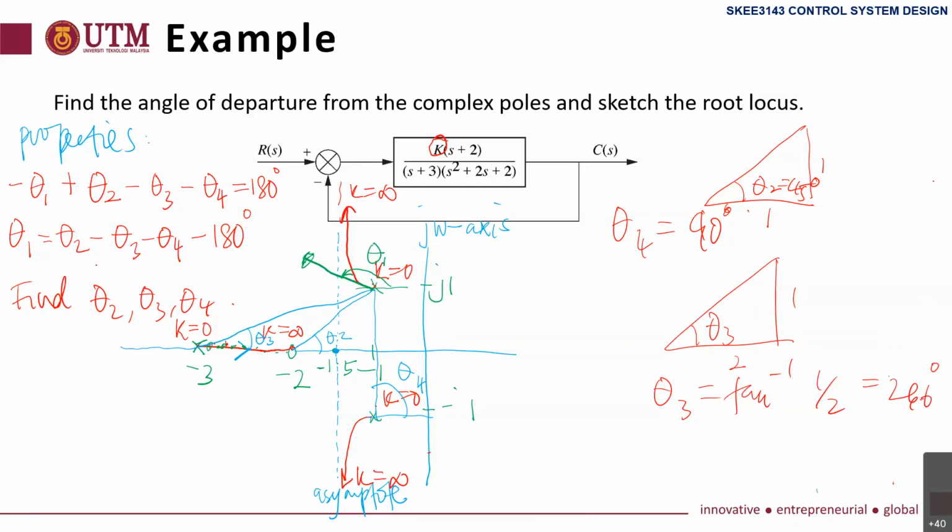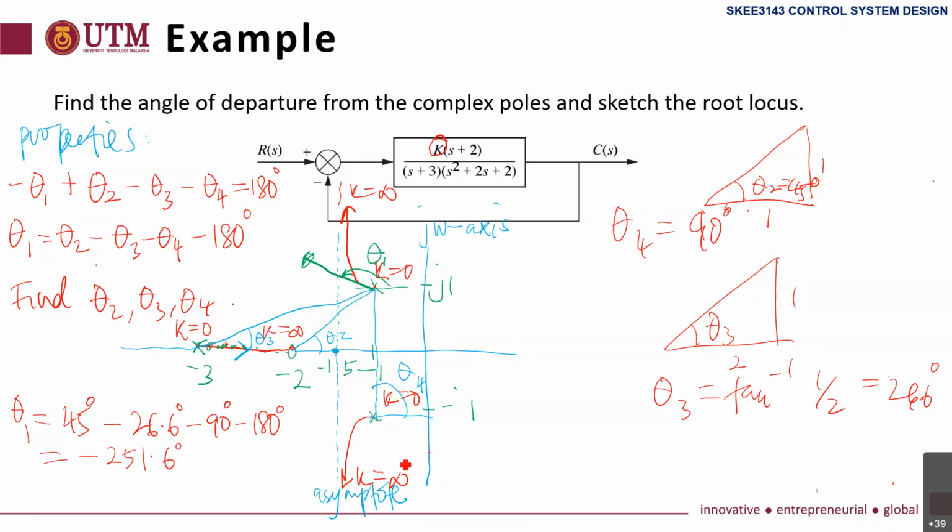Then theta 1 is theta 2, 45 degrees, minus 26.6, minus 90 degrees, minus 180 degrees. Finally, you will get minus 251.6.